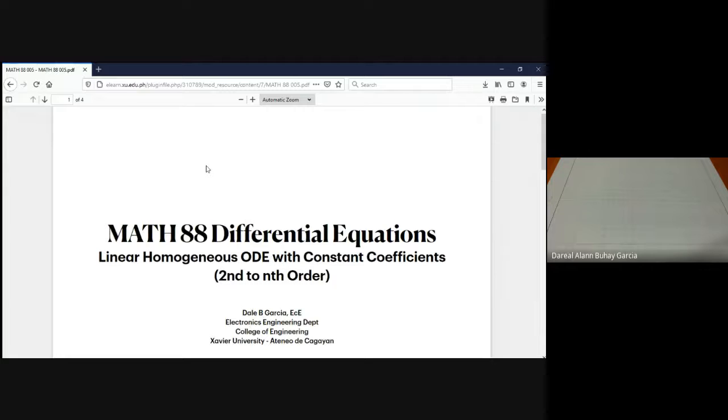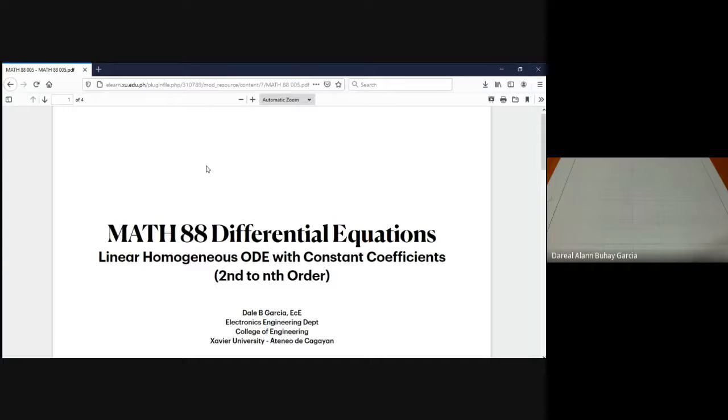Linear na, meaning nasa format sa katong atong na-present last time. Homogeneous, meaning the right-hand side would be equal to 0. And constant iyang coefficients, meaning b sub n nga mga functions are not functions of x but purely constants. No? Muna nga mga klaseng differential equations atong gusto.